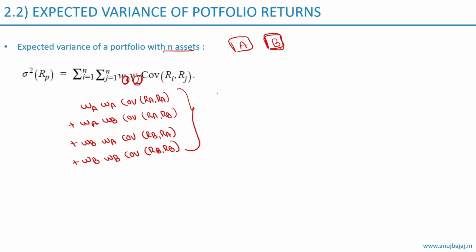This can also be written as weight A squared multiplied by the covariance of return A with return A. So if you remember the formula of covariance, covariance equals the summation of asset A's return minus asset A's expected return, or the sample mean return, multiplied by asset B's return minus the sample mean return of asset B, divided by n minus 1.